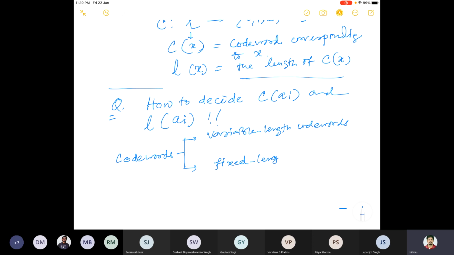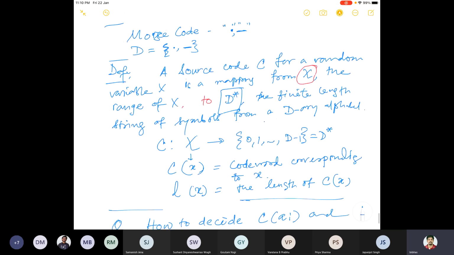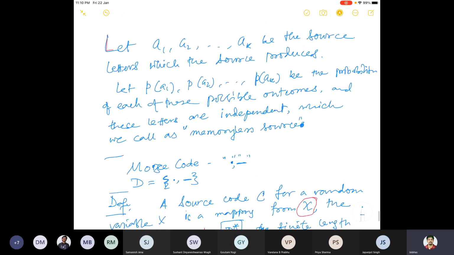Now apparently it may not seem like this is a very big deal, but it is actually a very big deal. I'll just give you an example where it can make a difference.